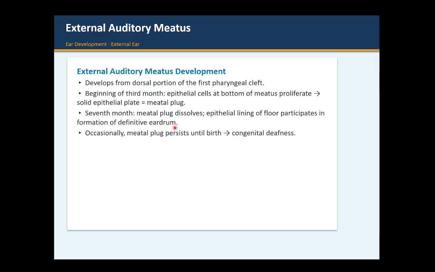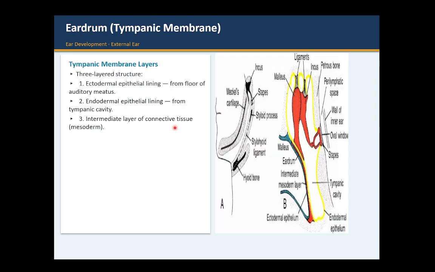If you do not have this meatal plug dissolving, then you have congenital deafness. So you need to see if the meatal plugs are gone or not at the time of birth, because around 7th month of intrauterine life, the meatal plug is going to dissolve by apoptosis, and you would have the opening of the external auditory meatus.